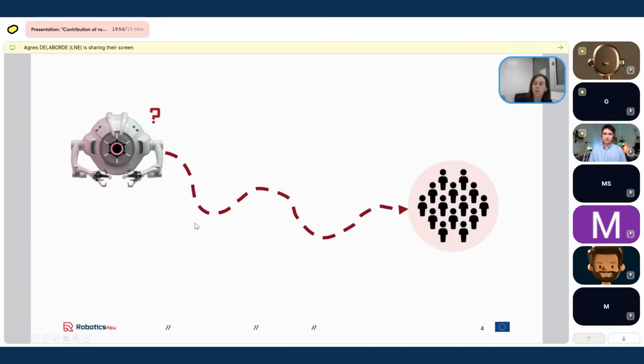Here, in the context of the maturity assessment, our objective is to design a grid for assessment that will help people to understand to what extent and through which means a robot can be accepted by society.